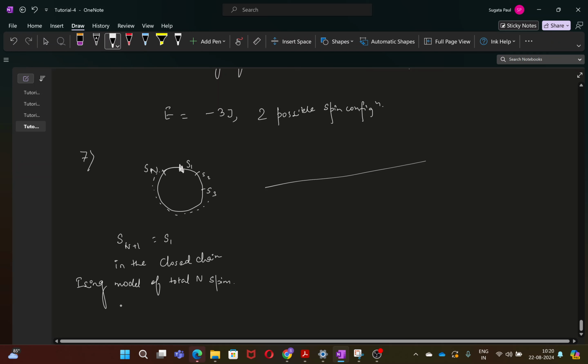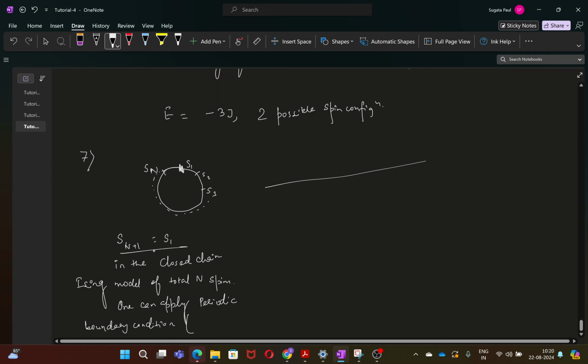In this kind of system, one can apply a periodic boundary condition to solve it.